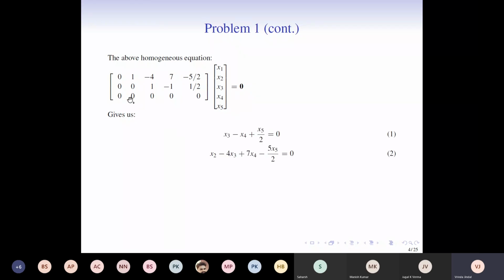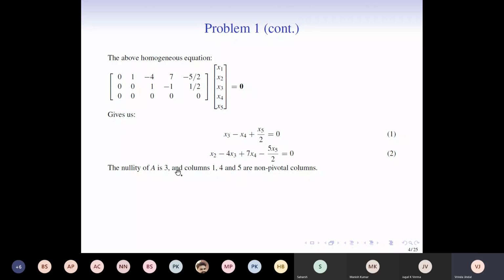So this gives us this equation. Like if you take the third row of A, that will give us 0 equal to 0. So just skipping that, the second row will give us x3 minus x4 plus x5 by 2 equals 0, and the first row will give this equation, equation 2. So as we see, since we had 5 columns and 2 were pivotal columns, the rank of A was 2, and by the rank nullity theorem we know that rank of A plus nullity of A should be equal to 5.